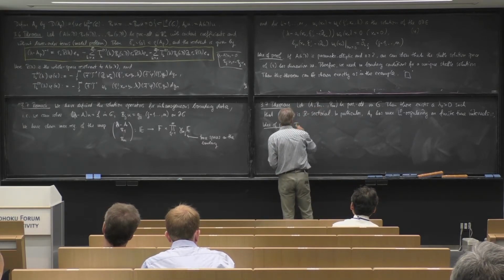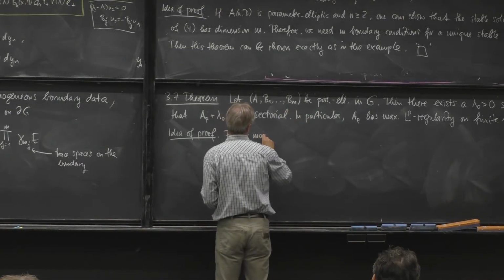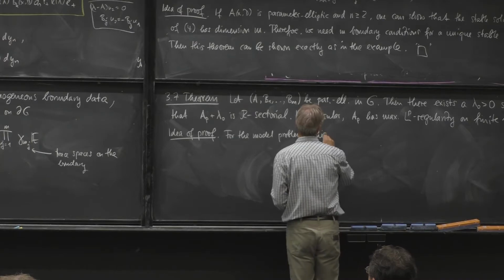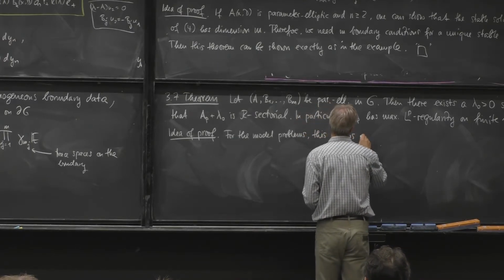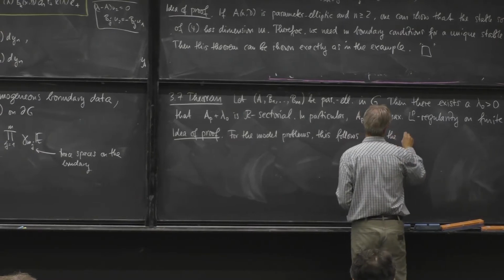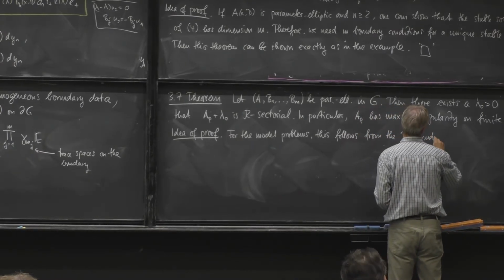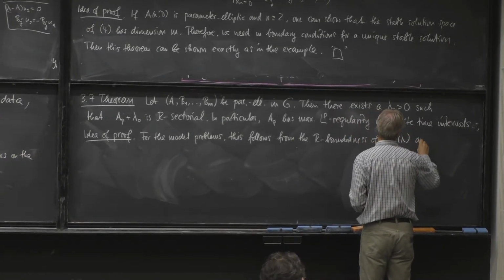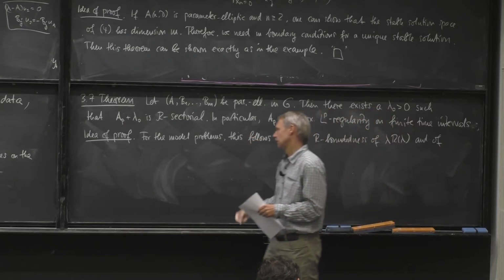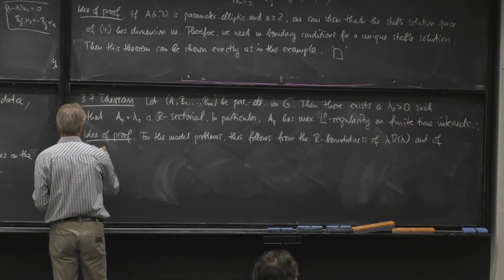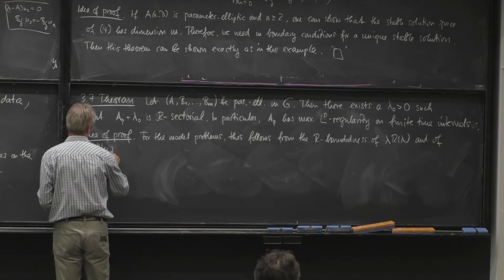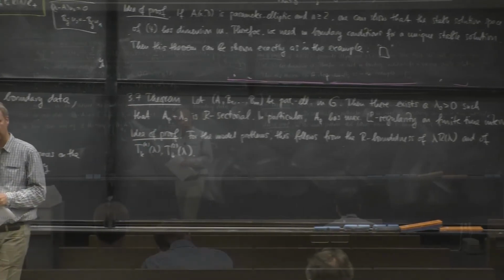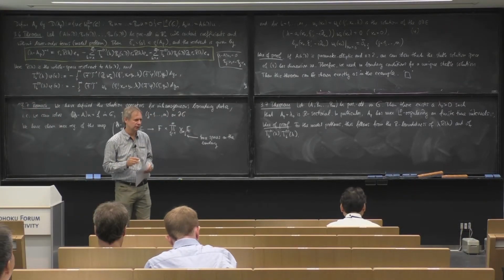So for the model problems, this follows from the R-boundedness of lambda times the whole space resolvent, and of the solution operators T1,K,lambda, T2,K,lambda. And the general situation is again dealt with a partition of unity and perturbation results.